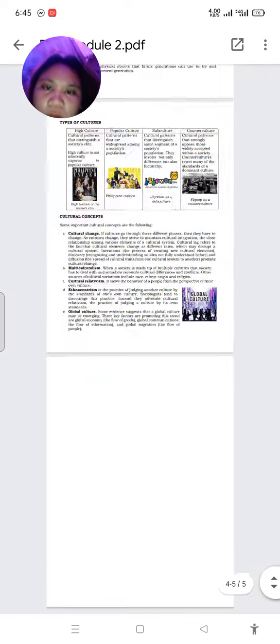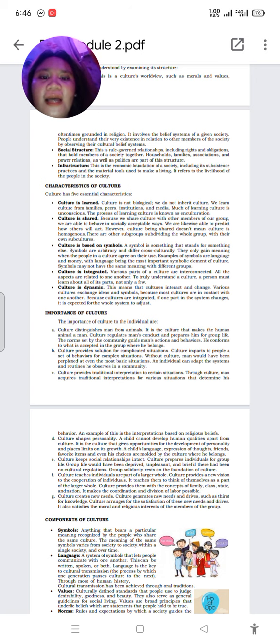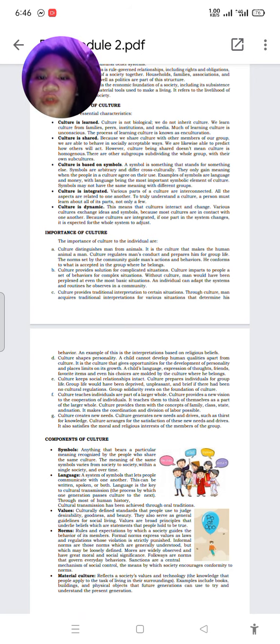So, that's all. To sum up, the characteristics of culture are 1, 2, 3, 4, 5: culture is learned, shared, based on symbols, integrated, and dynamic. So, what is the importance of culture?